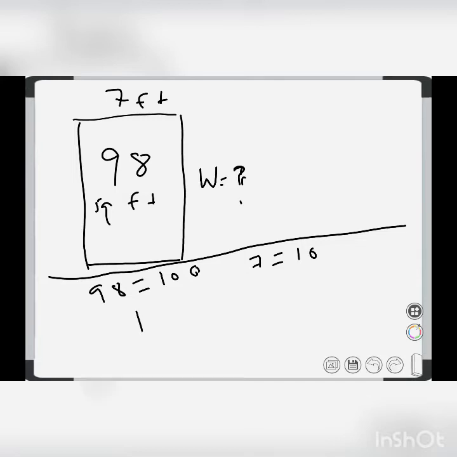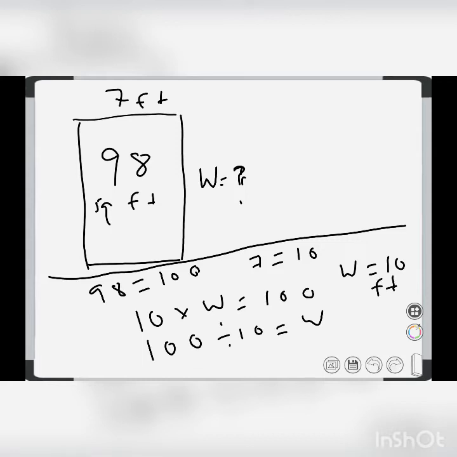So then I know I could say 10 times W equals 100, or 100 divided by 10 equals W. So looking at that, 10 times what is 100? 100 divided by 10 is pretty clear, pretty quickly, that my width, my length or my height or whatever, the dimension up and down is going to be about 10 feet. If you want to write that down, please pause now. We will use those numbers in a second.